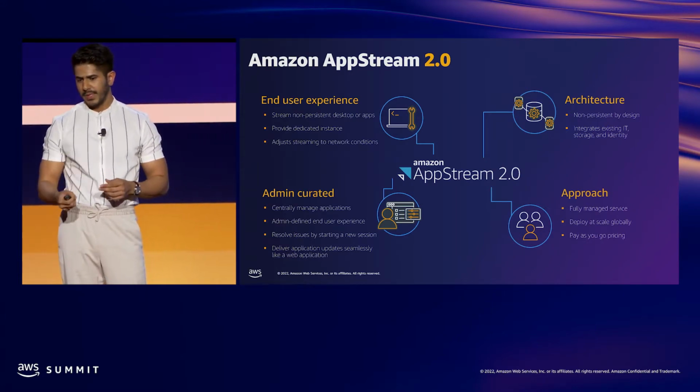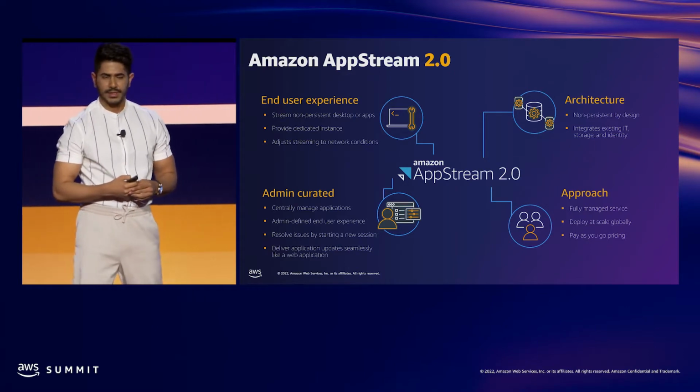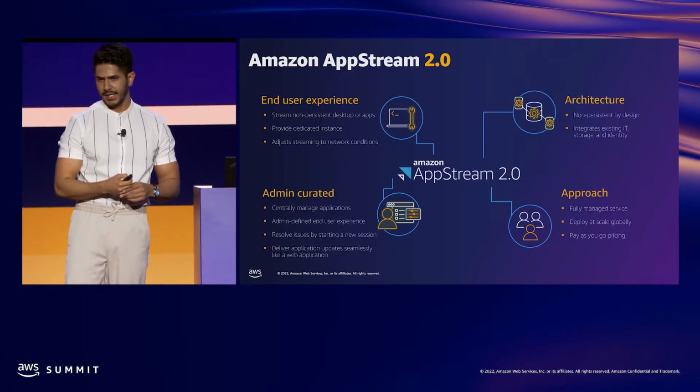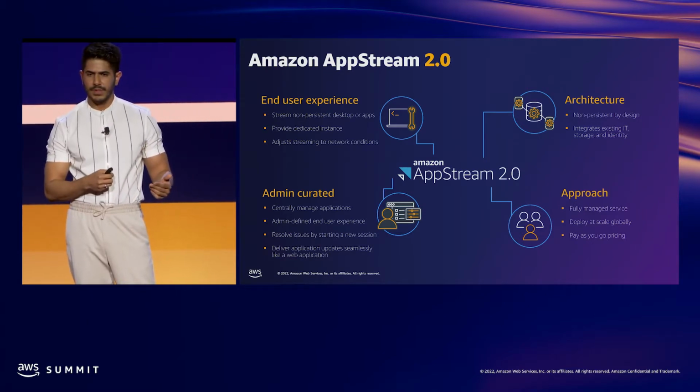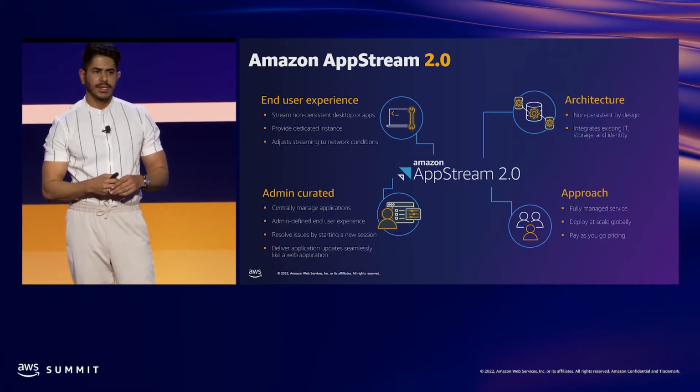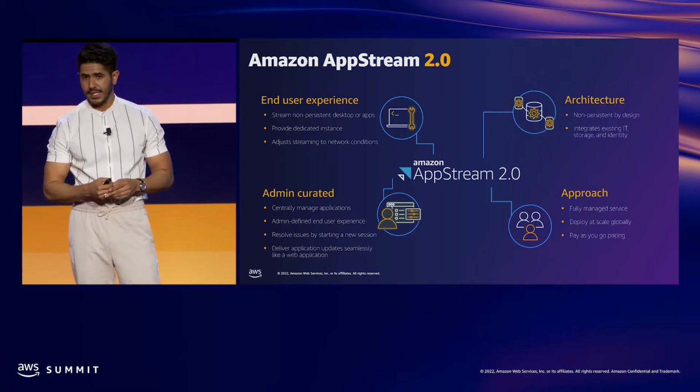And the good thing with AppStream 2.0, or even WorkSpaces, which is our second end user computing service, is that administrators are able to fully customize and optimize the end user experience.